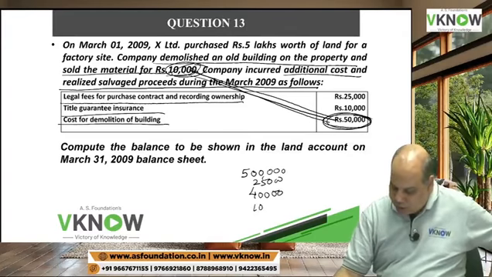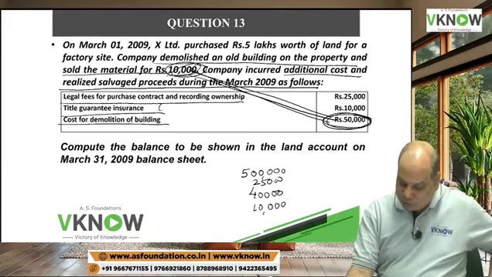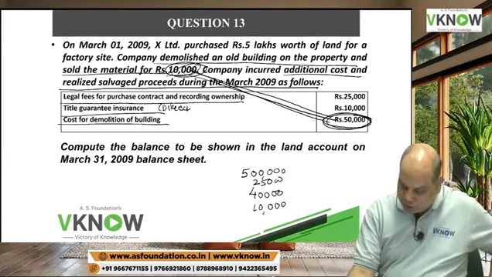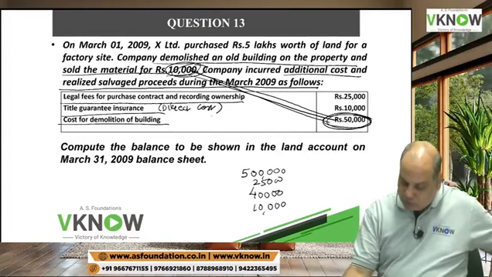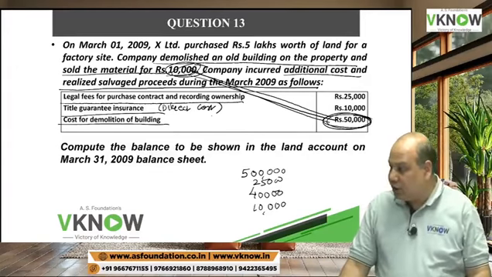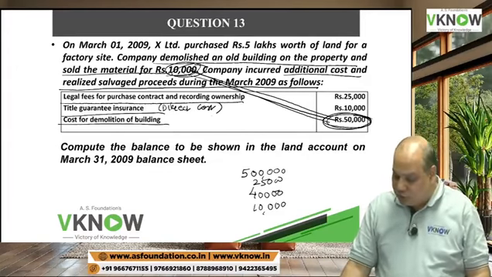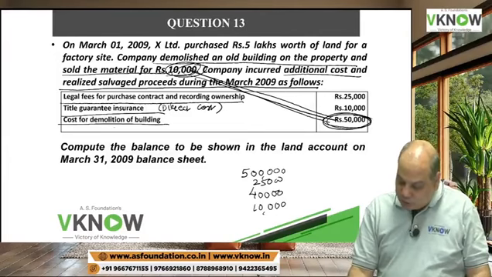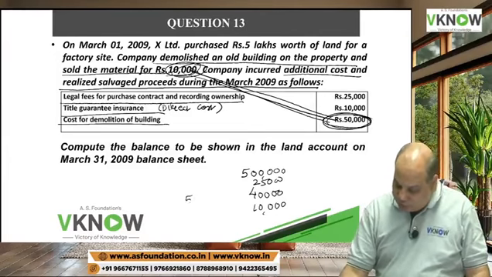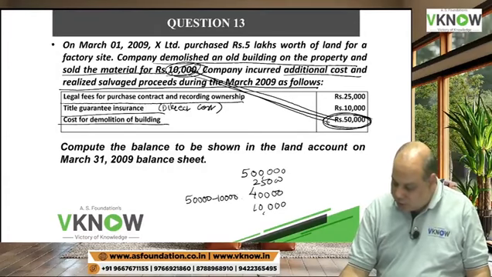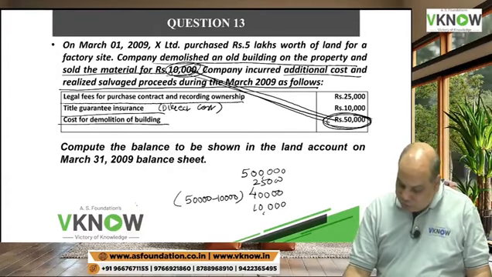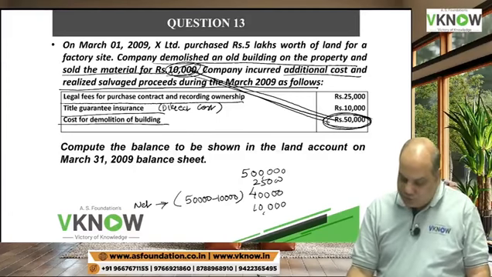Title guarantee insurance, this is also a directly attributable cost. To get the title guarantee insurance, something should not be wrong. And then the cost of demolition 50,000, but we have sold the scrap material for 10,000. So net demolition cost is 40,000.